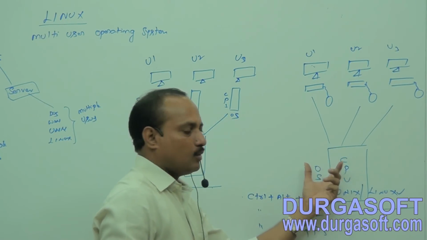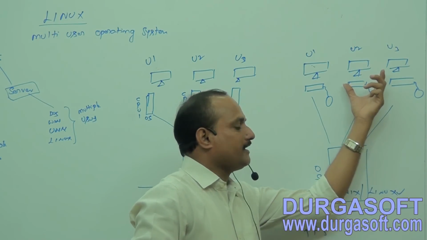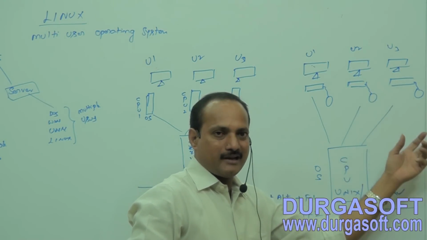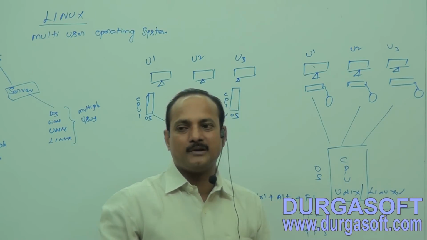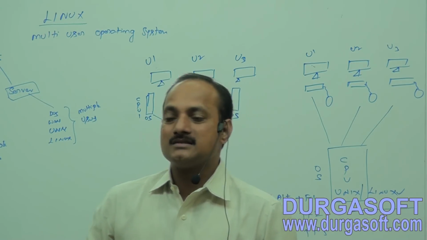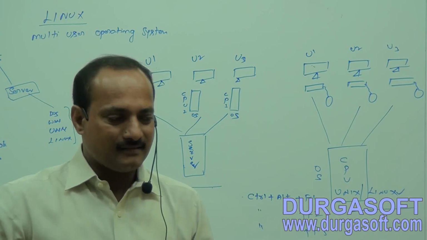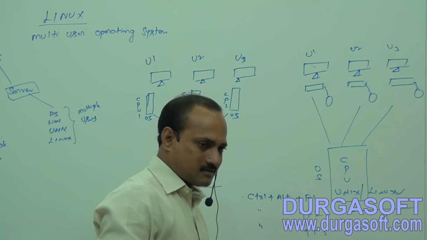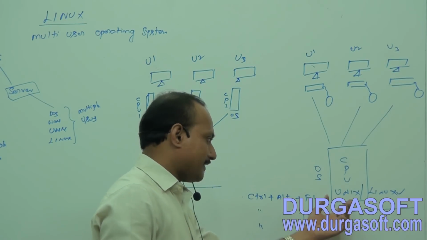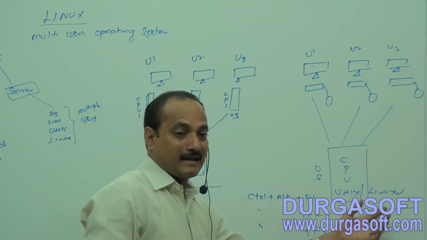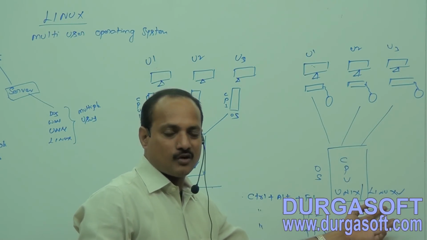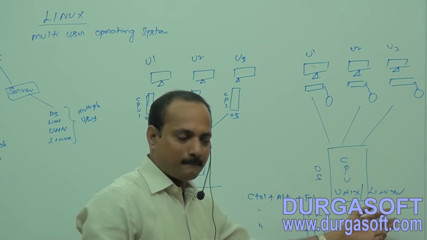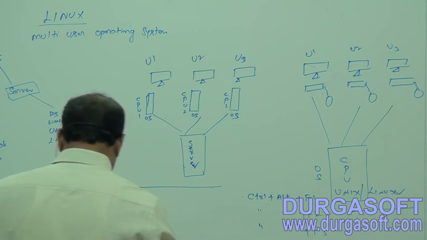But here there is only one CPU and only input and output terminals. So it will reduce the cost of implementation of your business systems. These are the advantages of using Unix and Linux. If you compare Unix and Linux, Linux is more user friendly, not Unix.